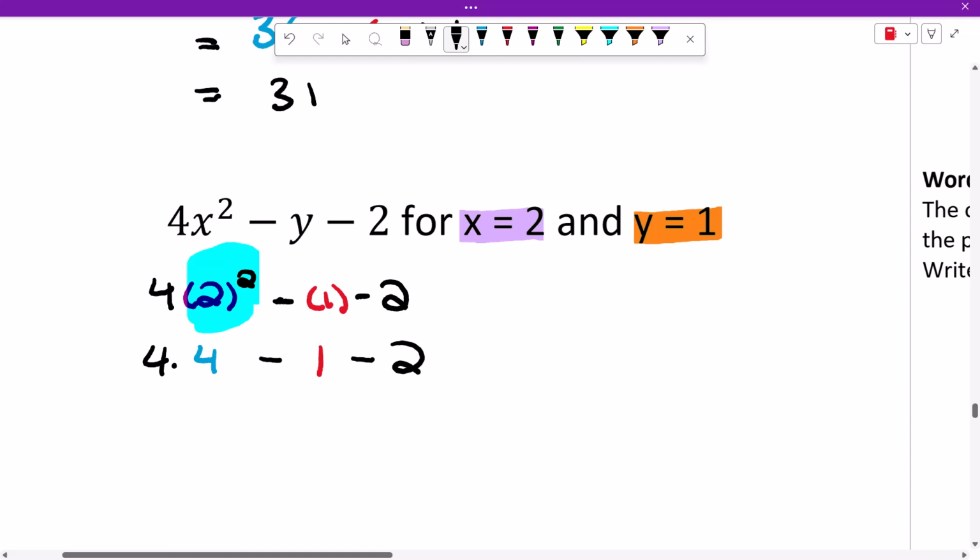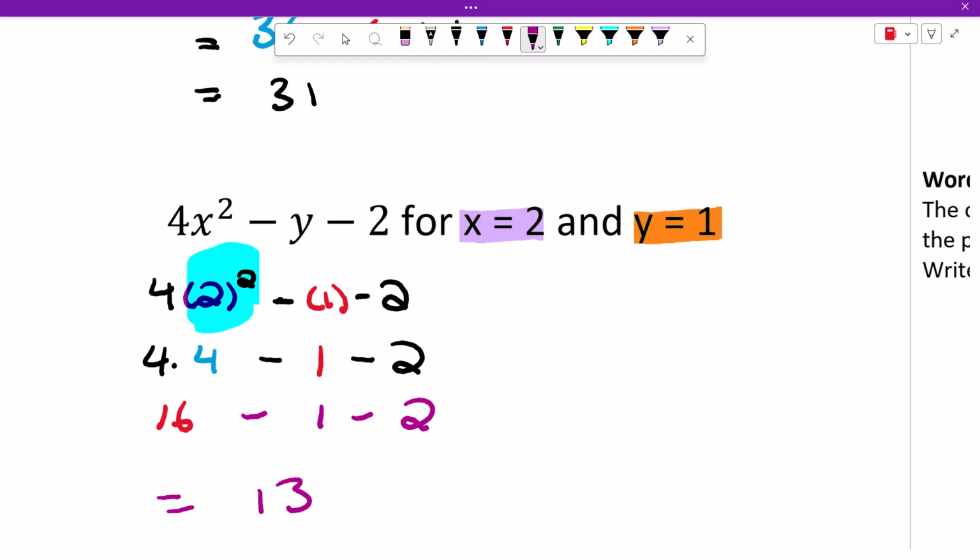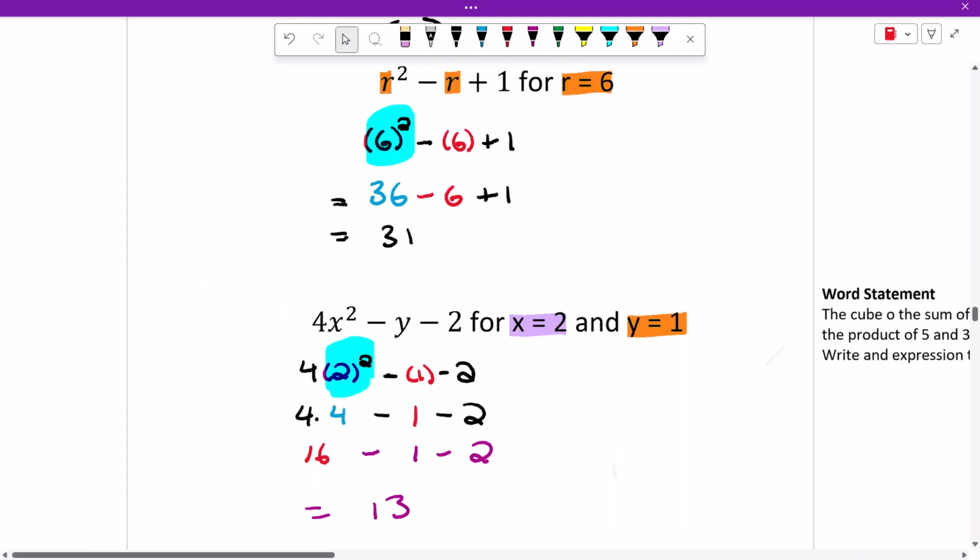So you do the multiplication. 16 minus 1 minus 2. So you go from left to right, which is 13. 16 minus 1 is 15, and take away another 2 equals 13. That's it. So if we say evaluate, that's what we're going to do. Just go through BEDMAS order.